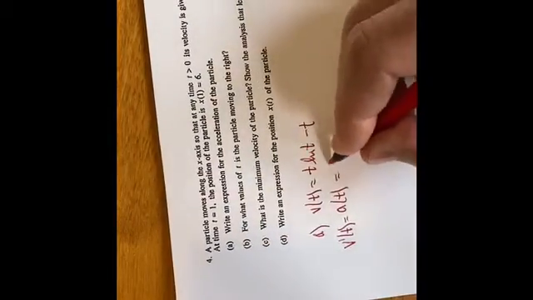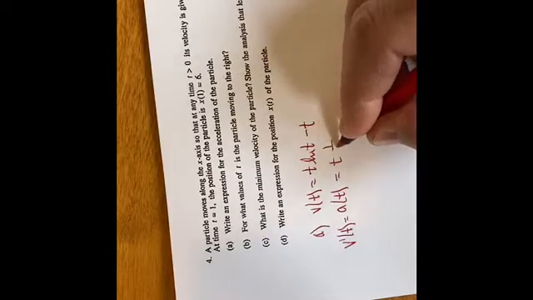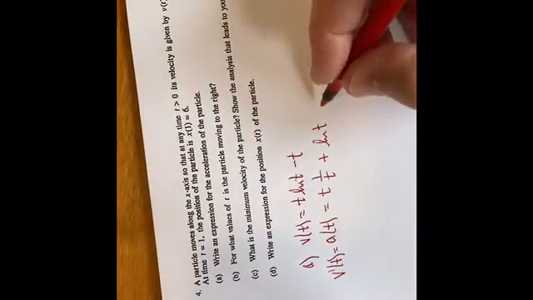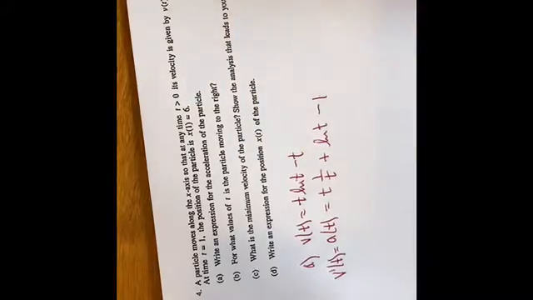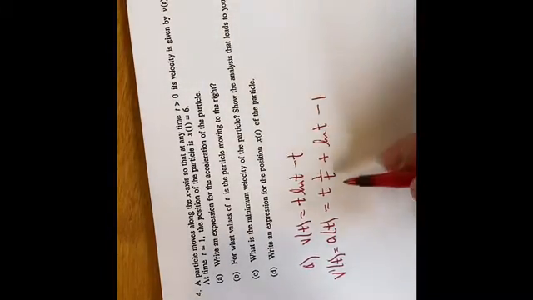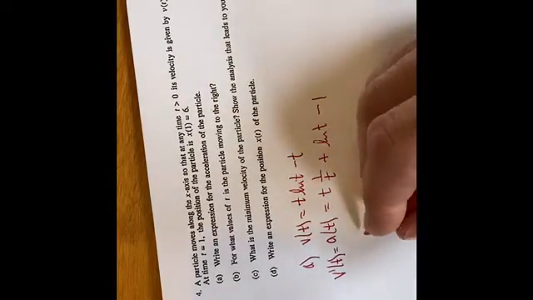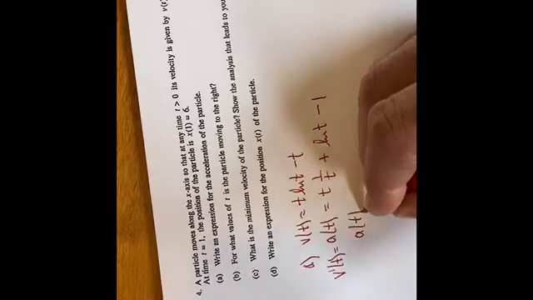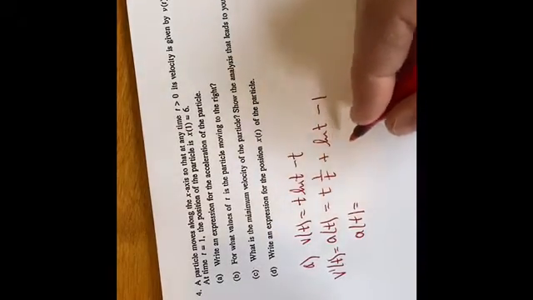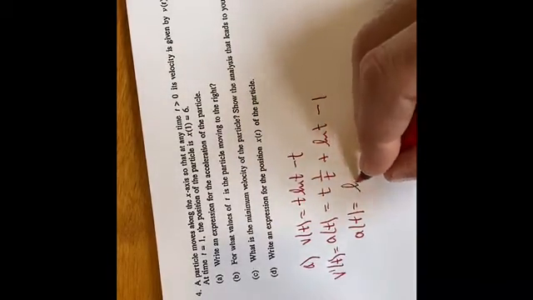That's the first times the derivative of the second plus the second times the derivative of the first. And the derivative of t is just 1, minus 1. So it looks like the acceleration is just the natural log of t.